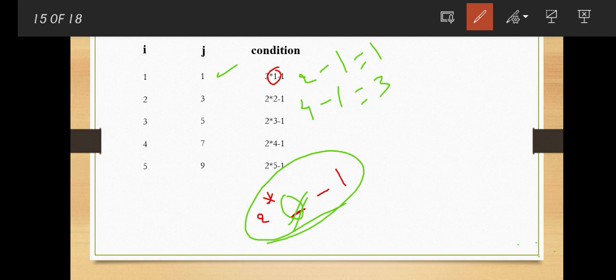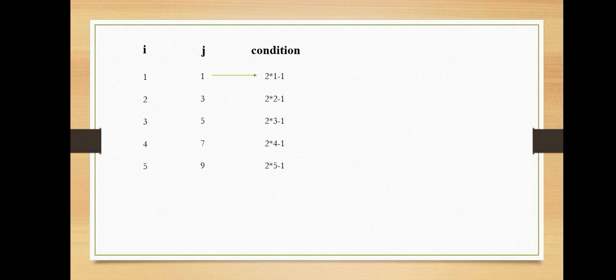So like that, everywhere, one number after the multiplication is going to change. Now what condition are we going to write for it? For 1, it is 2 into 1 minus 1, you will get 1, and 3 from 2 into 2 minus 1, and remaining 5, 7 and the last 9.